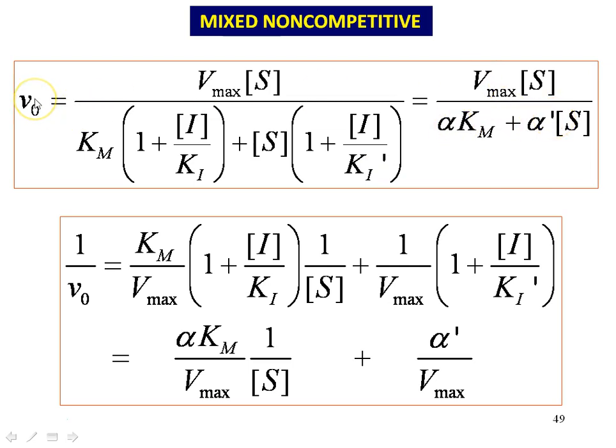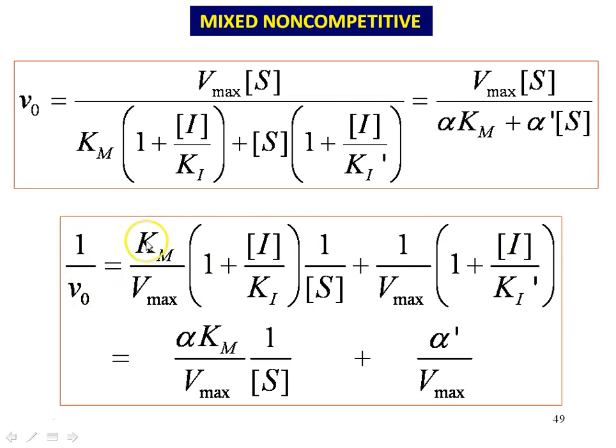Now, if you take the reciprocal of this equation to form the basis for a Lineweaver-Burk plot, 1 over V0 is equal to these terms. The denominator here becomes the numerator, over Vmax and S. And if you divide term by term, alpha Km over Vmax S and alpha prime S over Vmax S, this is what you get with some rearrangement and with explicitly writing the alpha and the alpha prime.